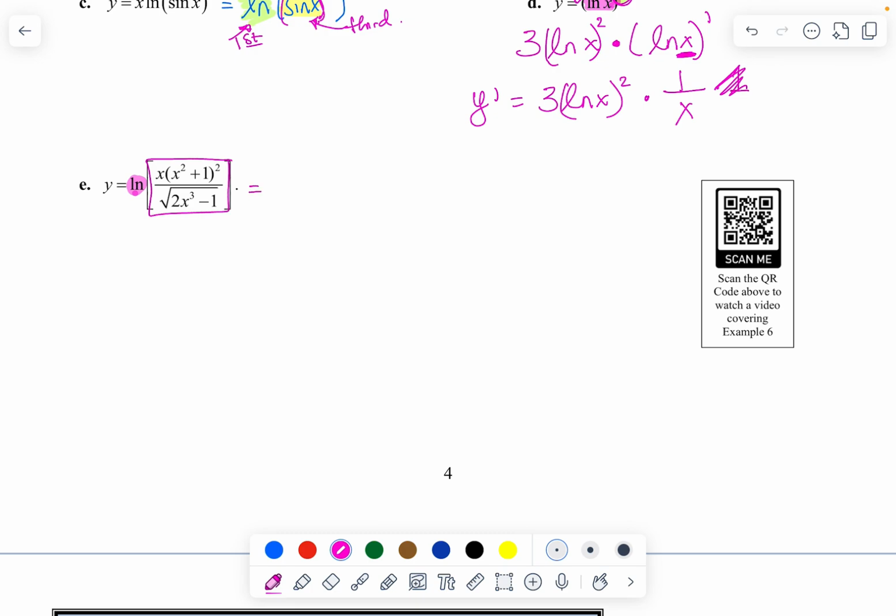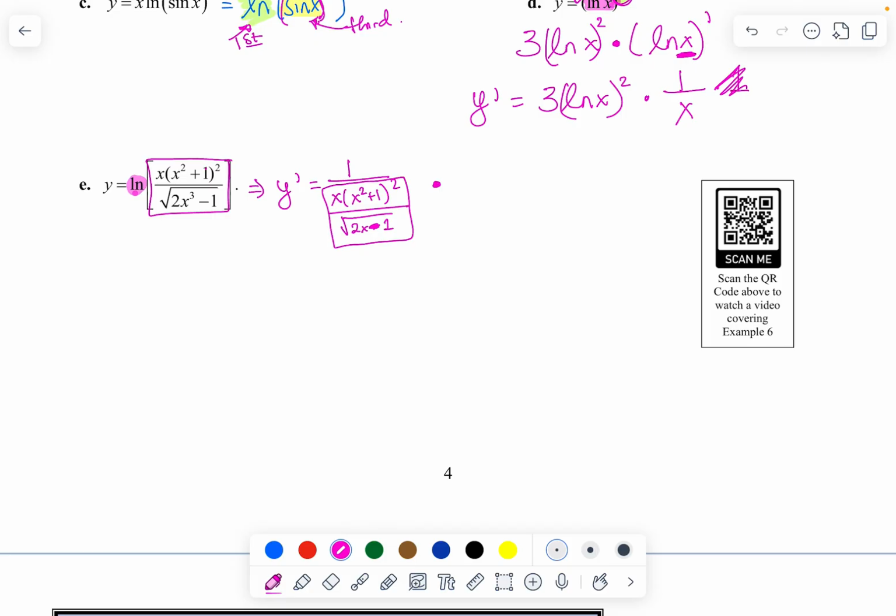So the first part is the derivative of ln, which is 1 over stuff, 1 over all of this.